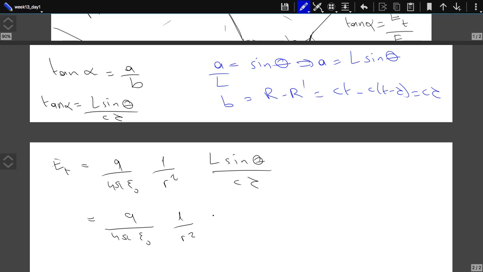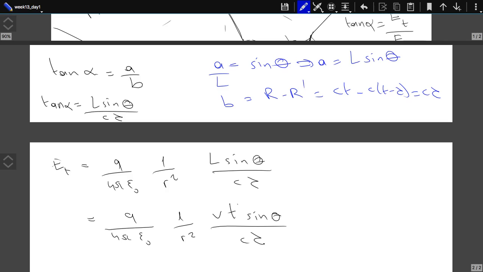Well, L is basically V times T, or if you like, V times (T minus tau), let's say, more or less, times sine theta over c tau.